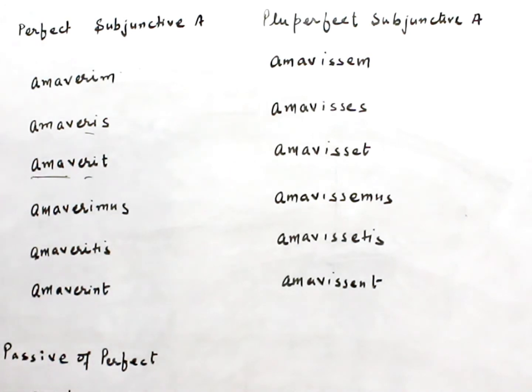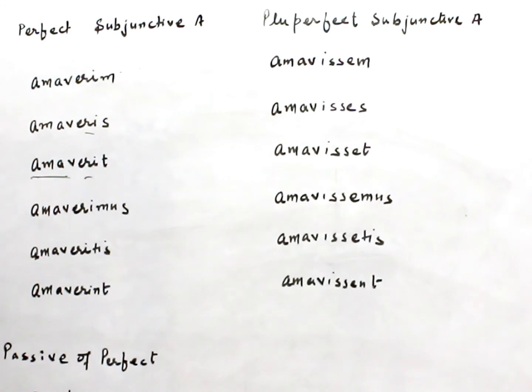Now if I want to make passive subjunctive, that means subjunctive passive of perfect. How?